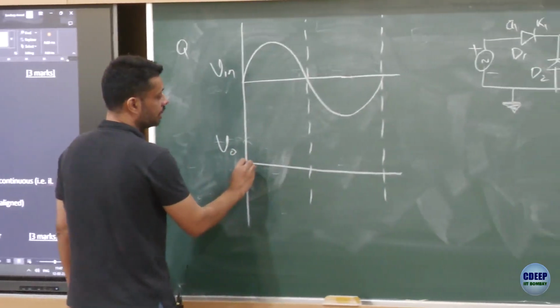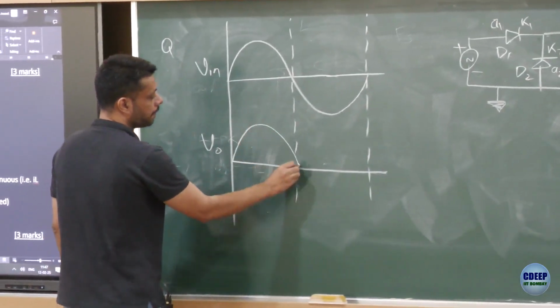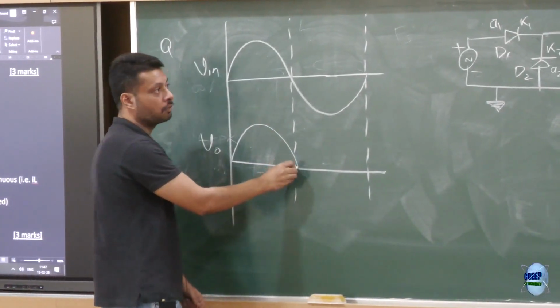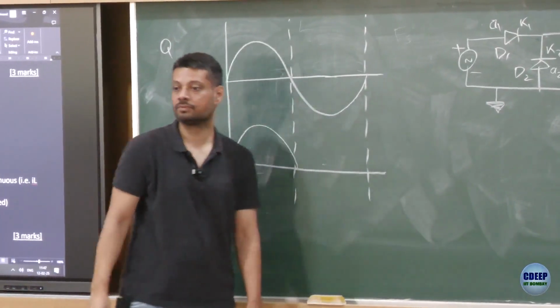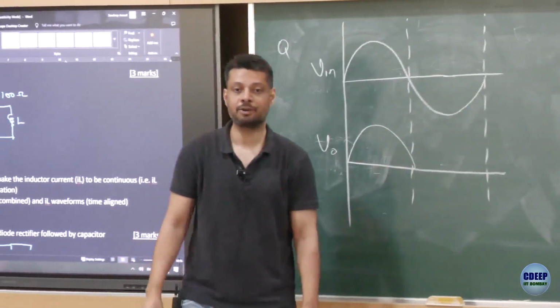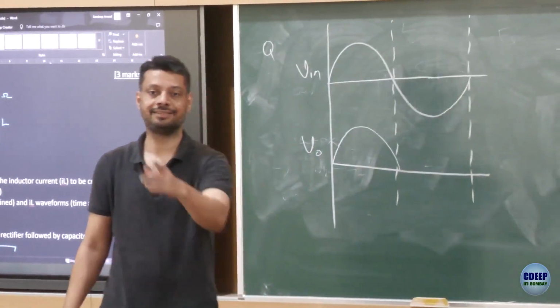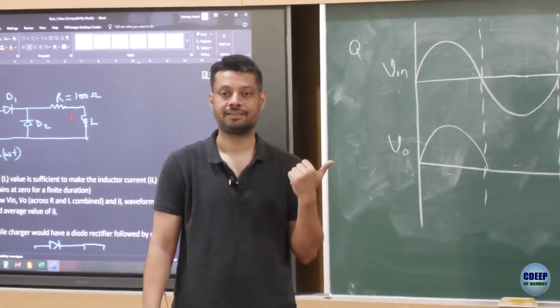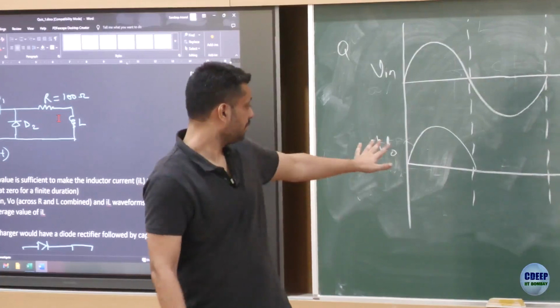Okay, so what will be the output voltage? After this, when D2 is conducting, the output voltage is equal to, go ahead. D1 is fine, right?